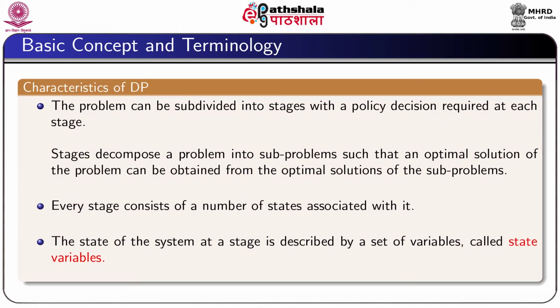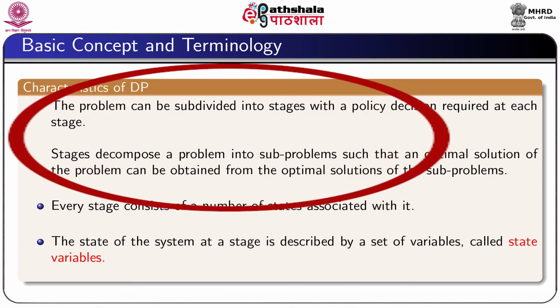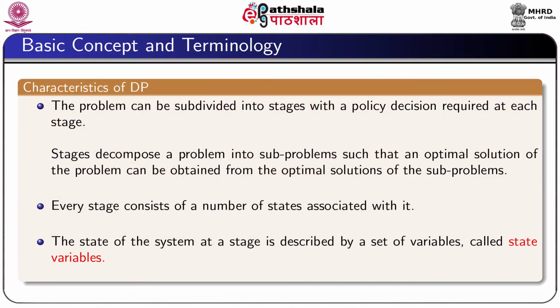Now, we will explain the characteristics of dynamic programming, that is the basic features which characterize the dynamic programming problem, and those are given below. The problem can be subdivided into stages with a policy decision required at each stage. Stages decompose a problem into sub-problems such that an optimal solution of the problem can be obtained from the optimal solutions of the sub-problems.